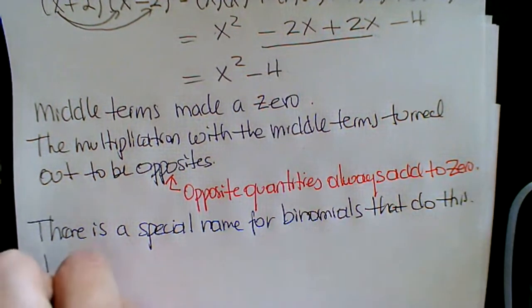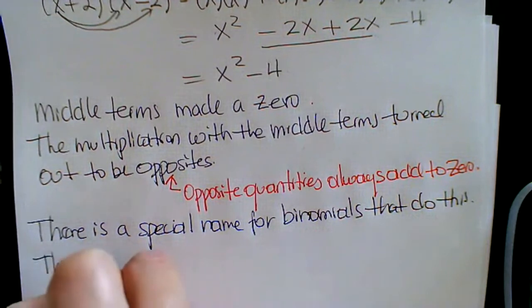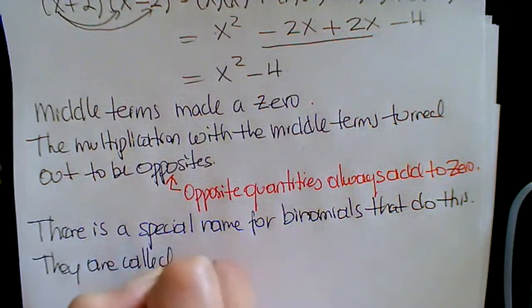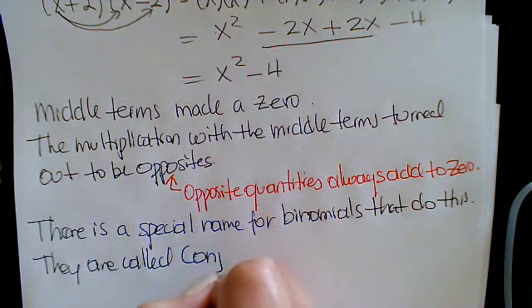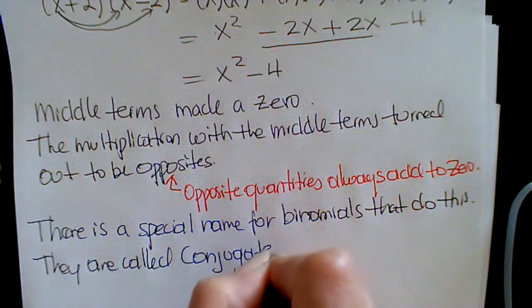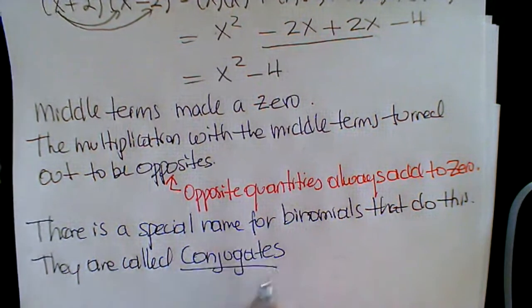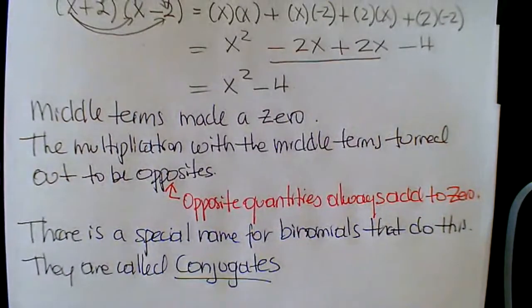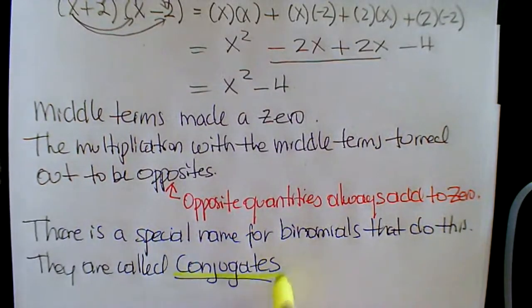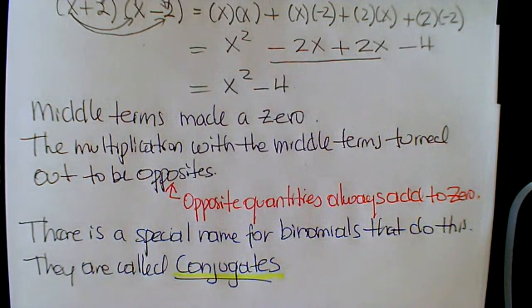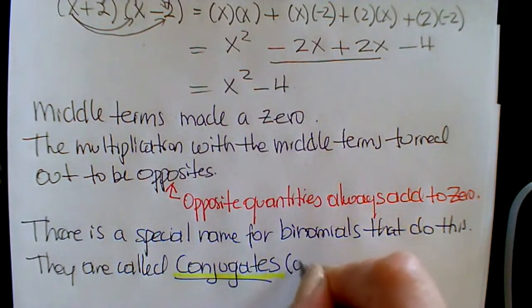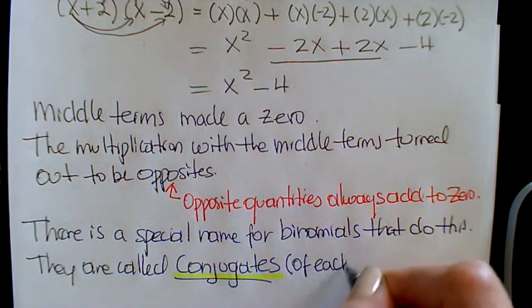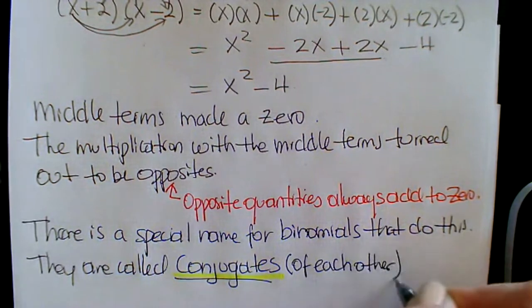And we call them, they are called conjugates. Okay? Let me get my highlighter. That's what they are called. They are conjugates of each other.